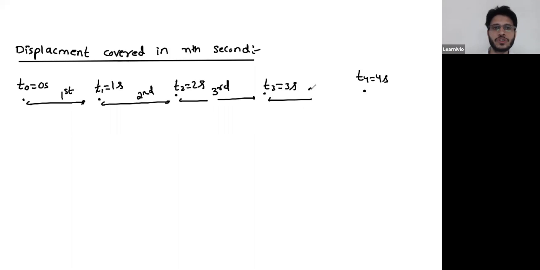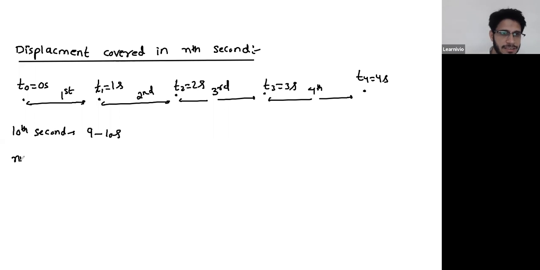If I'm saying fourth second, that means 3 to 4. If I'm saying 10th second, what's the interval? 9 to 10. 10th second is the interval from 9 to 10 seconds.